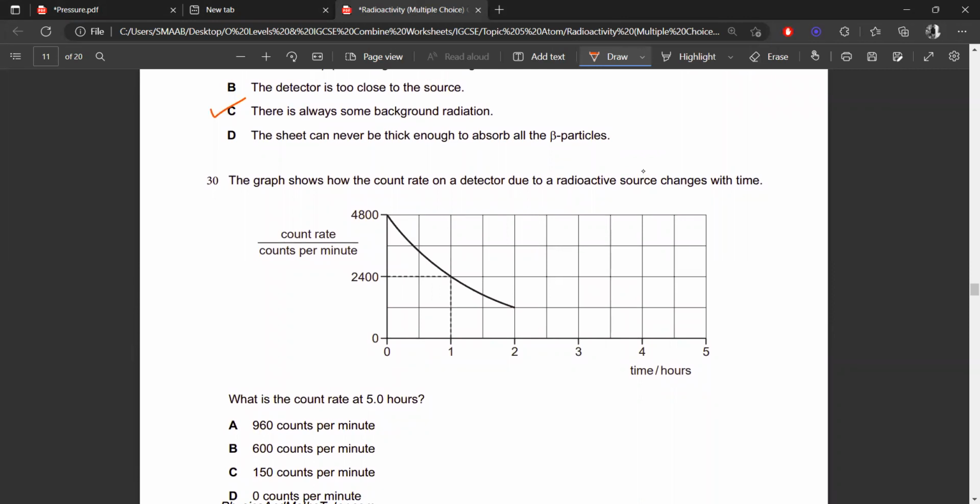Okay, so the graph shows how the count rate on a detector due to a radioactive source changes with time. What is the count rate after 5 hours? So you just need to reduce it till 5 hours.